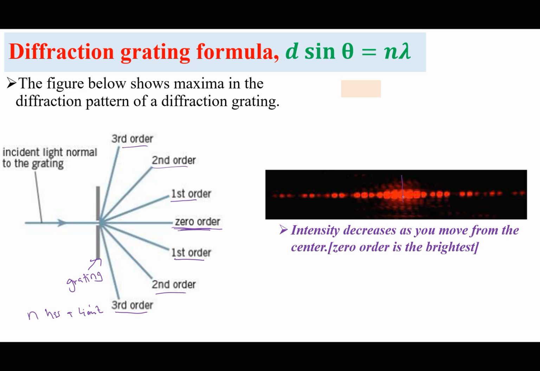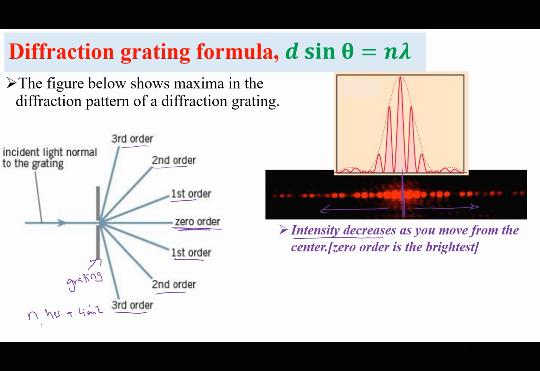So at the center, where we have the zeroth order maximum, the intensity is highest, but the intensity decreases as you move to either side. If I was to sketch a graph of intensity against the distance from the central maximum, it would look somehow like this. The intensity goes on decreasing.